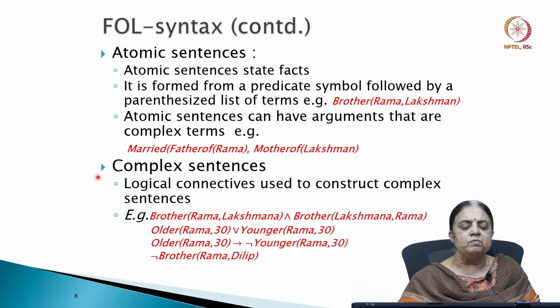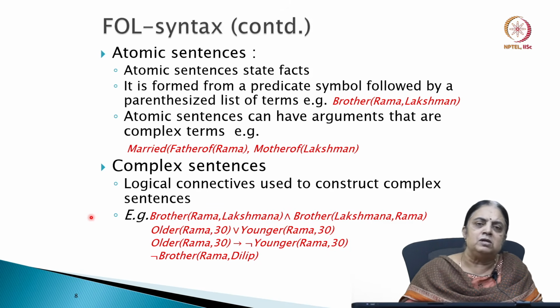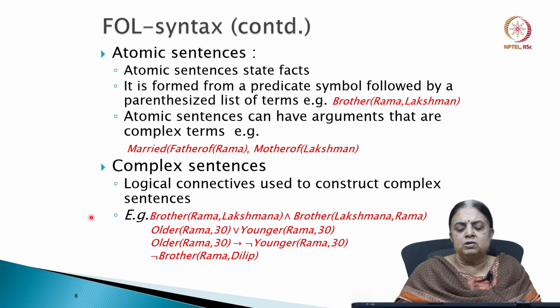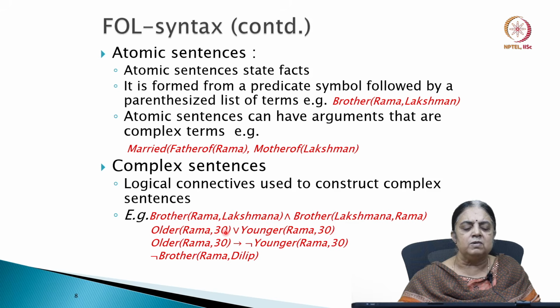Then you can have complex sentences by using the connectives. Just like in propositional logic, here also you can use connectives. So you can say brother(Rama, Lakshmana) and brother(Lakshmana, Rama), older(Rama, 30) or younger(Rama, 30). Older(Rama, 30) or younger(Rama, 30) means Rama is older than 30 years old or he is younger than 30 years old.